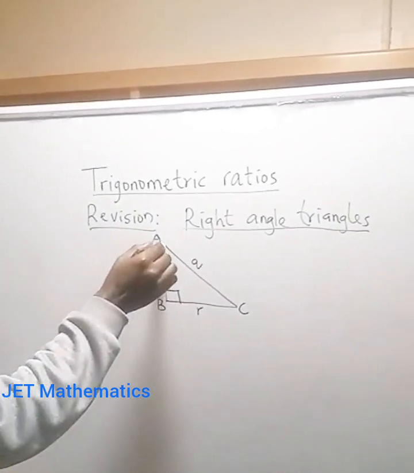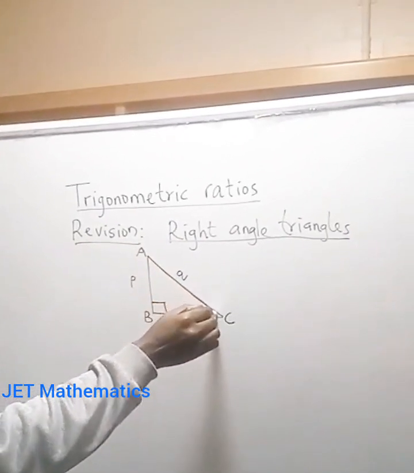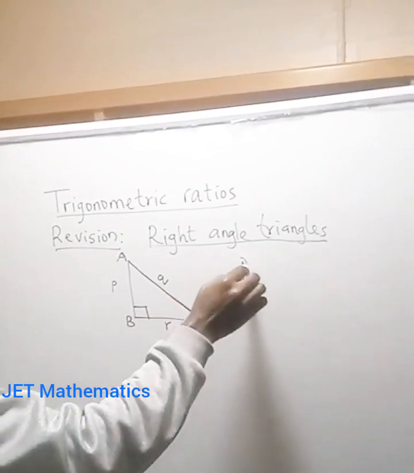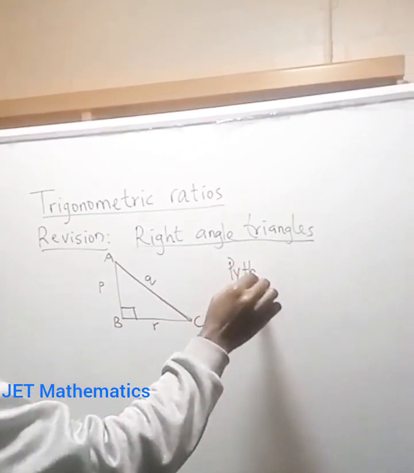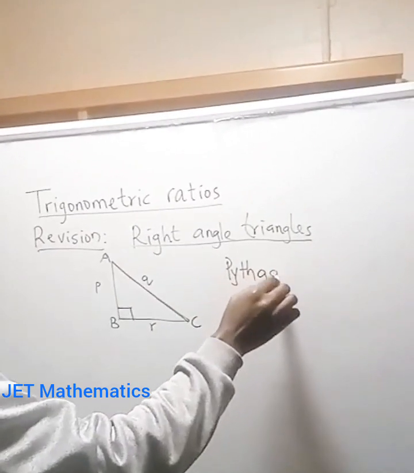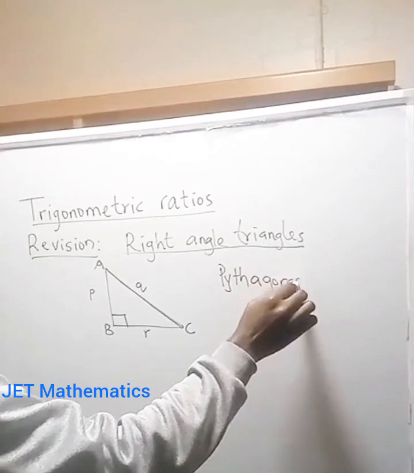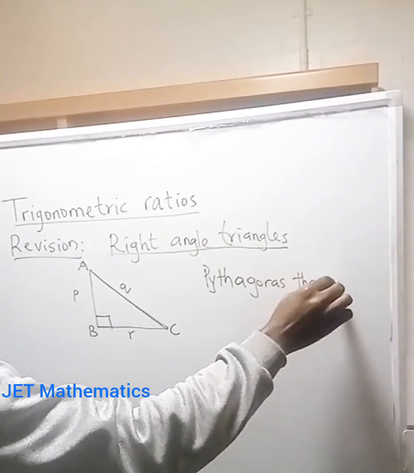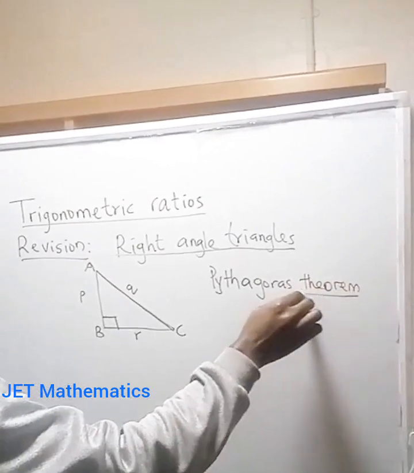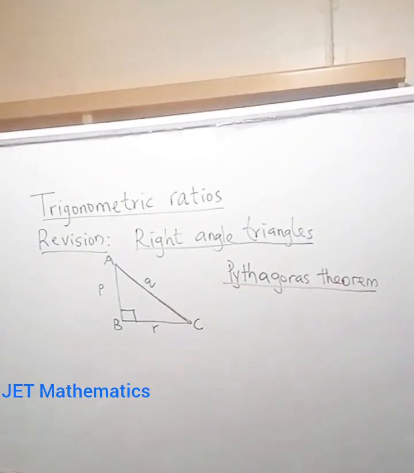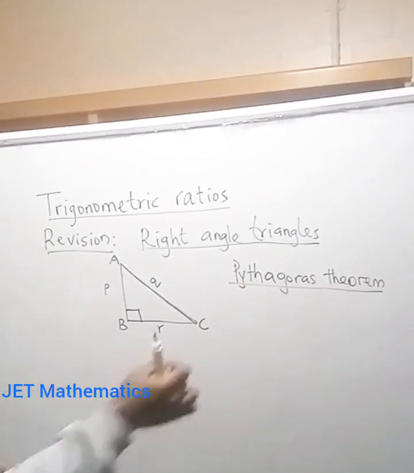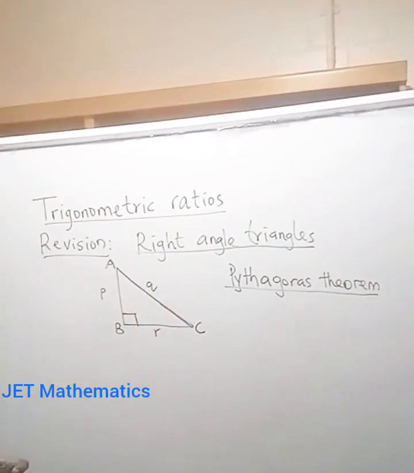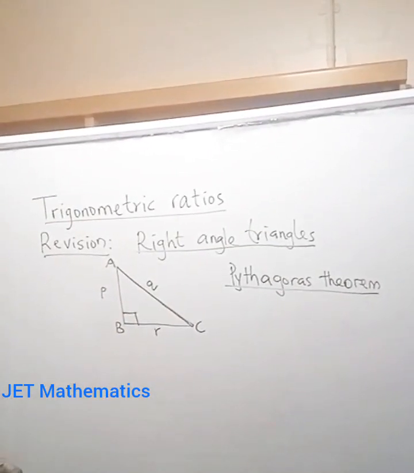So we know this side, which is the longest side, from Pythagoras theorem. So we'll start with Pythagoras theorem. Pythagoras theorem is associated with the sides of a right angle triangle. Okay?